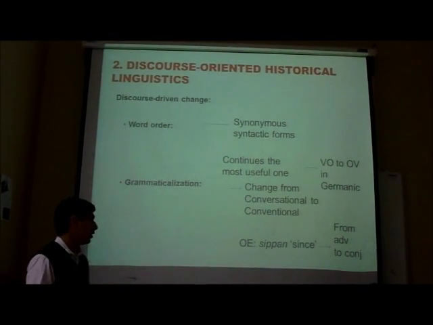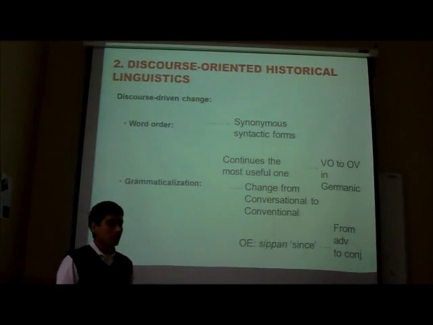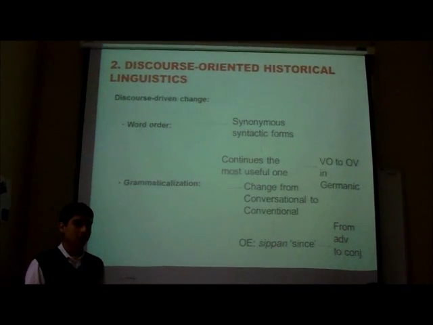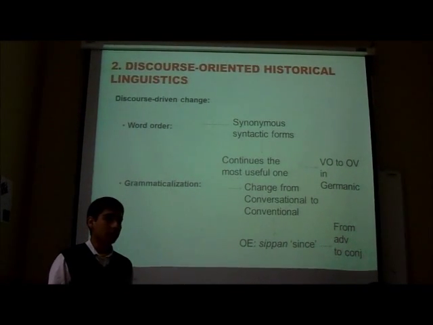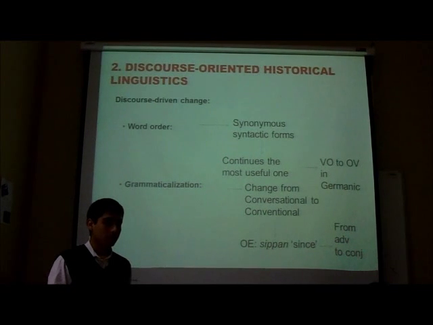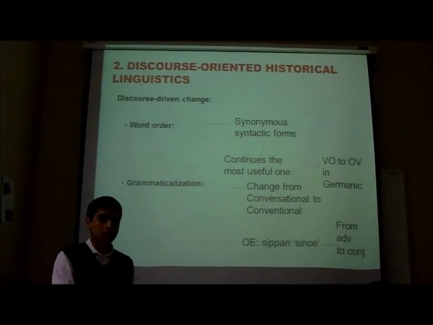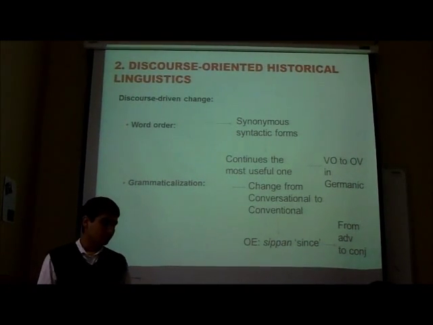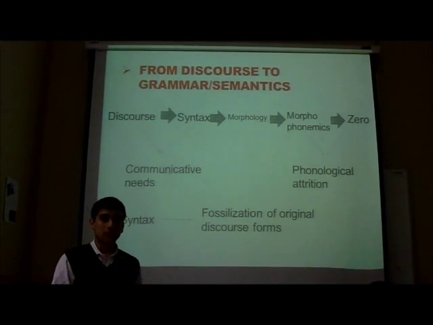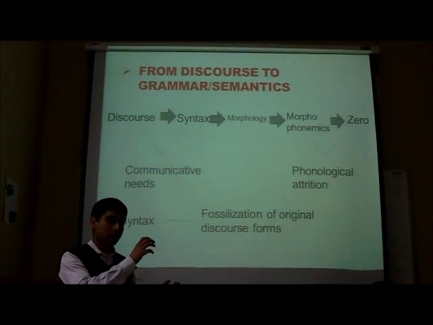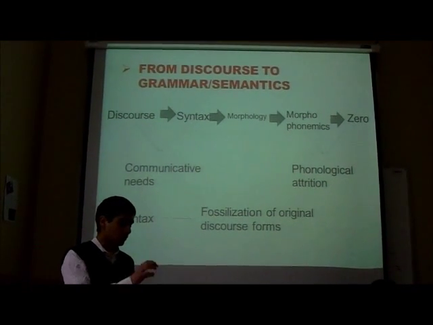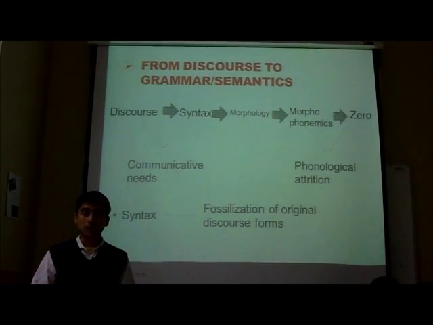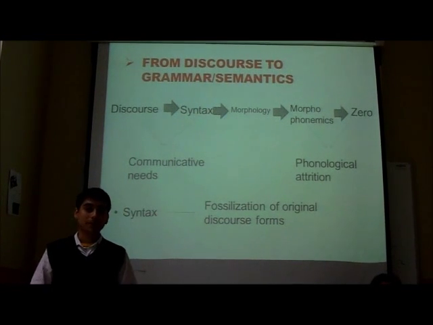In this case, we have, for example, since, which in Old English was stated as an adverb and then was transformed into a conjunction. We have the transformation at the same time of the meaning, from a time meaning to the following meaning, which means because.